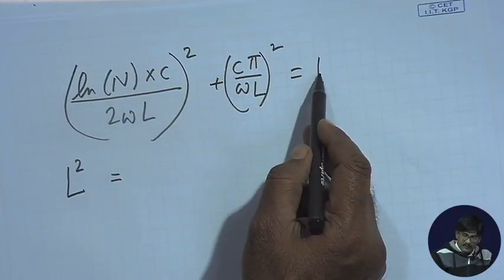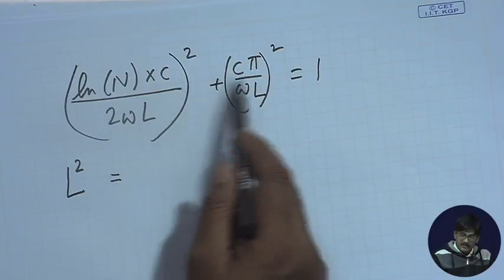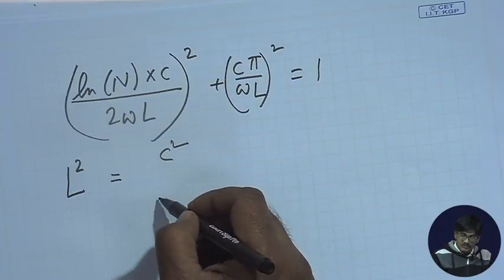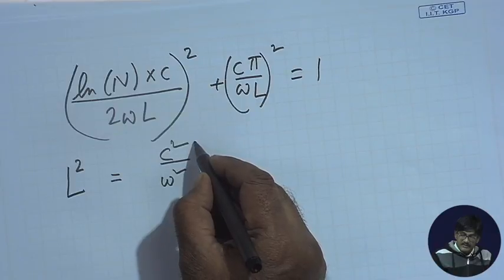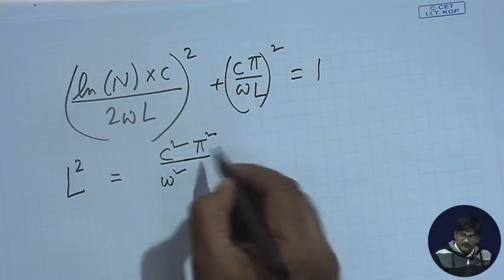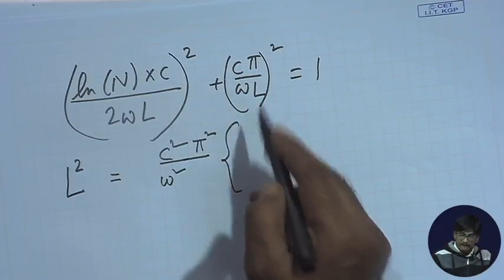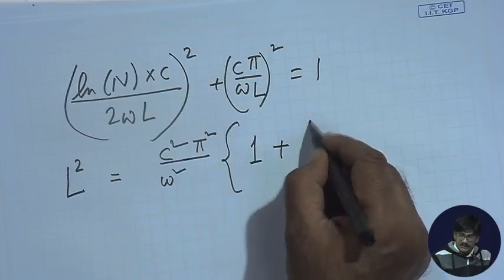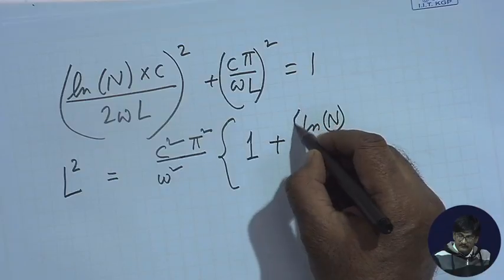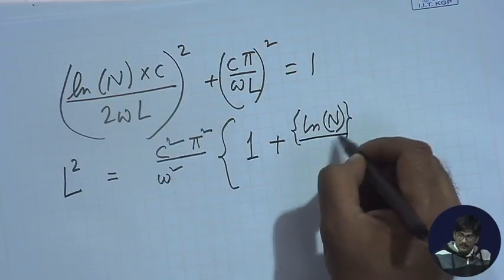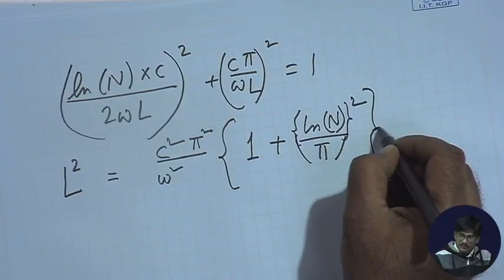I am writing this side on this one: L square is equal to, c can be taken common, c square by omega square, and suppose I take pi square also common, and therefore this one is depleted of everything, so it has 1 plus ln n is still there holding the citadel, by pi whole square. Does that look correct?